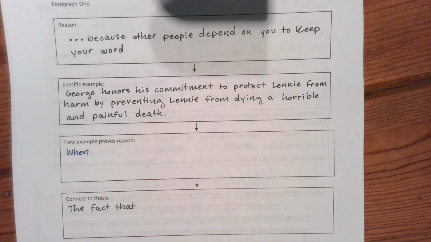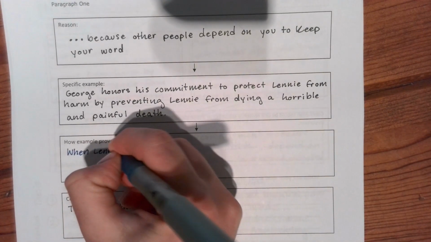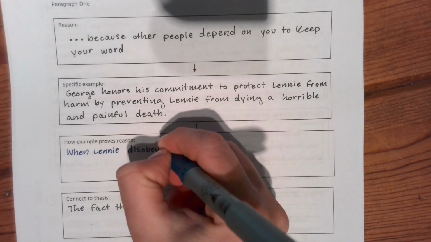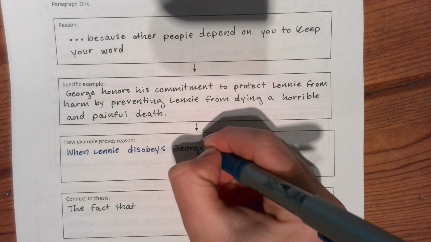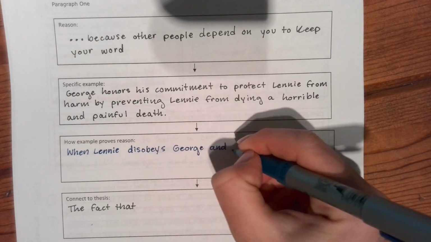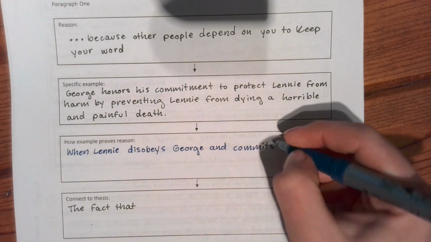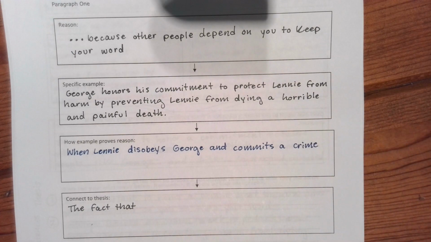So we're going to use when and write as I write. Lenny disobeys George and commits a crime, and we remember that crime was killing Curly's wife.